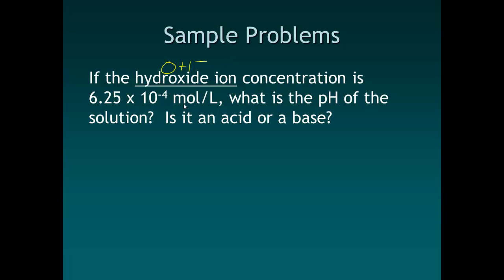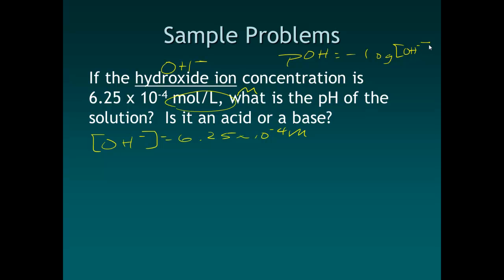So remember, moles per liter, that's the same as molarity. So my hydroxide ion concentration is equal to 6.25 times 10 to the negative fourth molar. I can get my pOH. pOH is equal to the negative log of the hydroxide ion concentration.